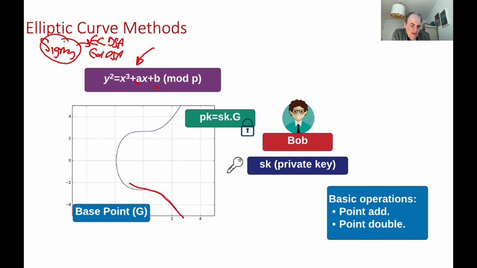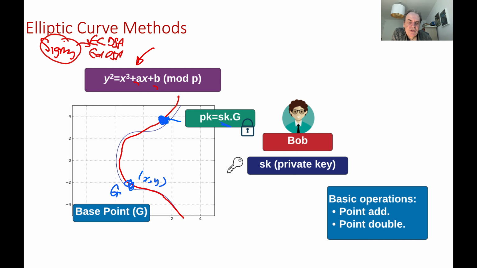If we were to plot that in an analog form, we'd get something in the form such as this. So what basically happens is that we define a base point on the curve g. That's an x and a y base point. We then have a secret key, which is a scalar value, just a multiplier. And then from that we get a public key, which is another point on the curve.